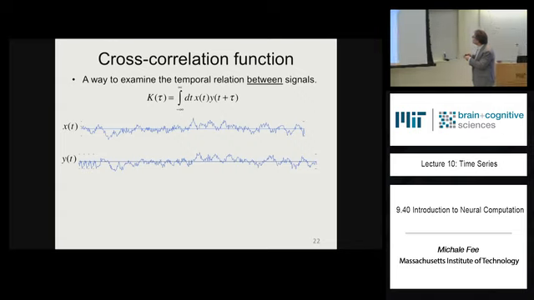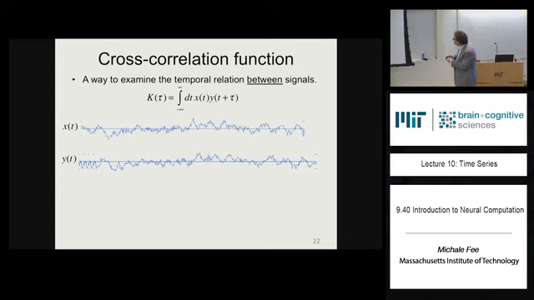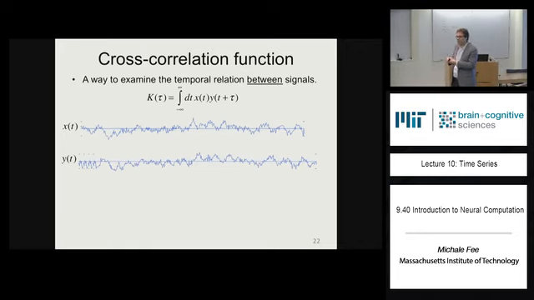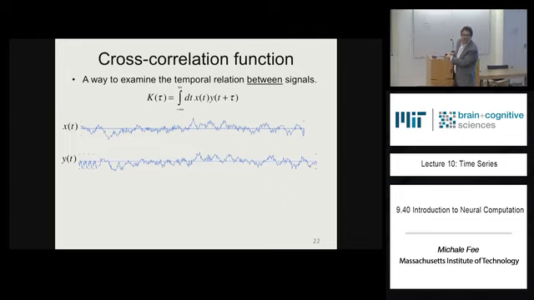The negative fluctuations in this signal are going to line up with the negative fluctuations in that signal. And when you multiply them together, you're going to get the maximum positive contribution. Those signals are going to be maximally overlapped at a particular shift tau.